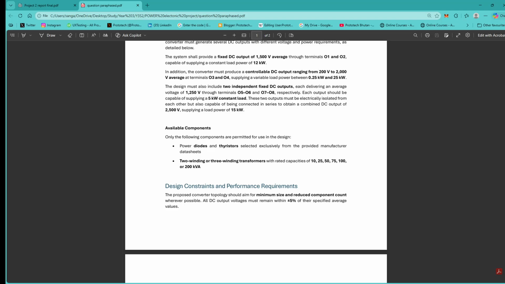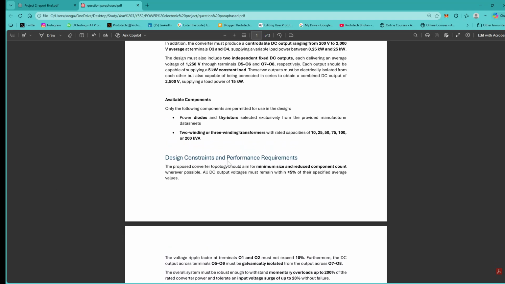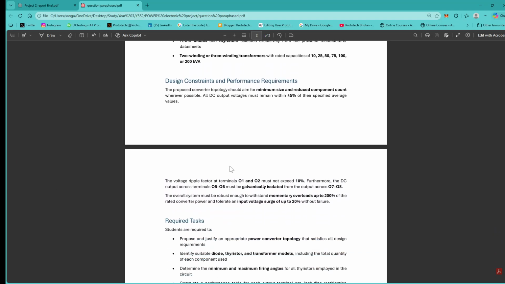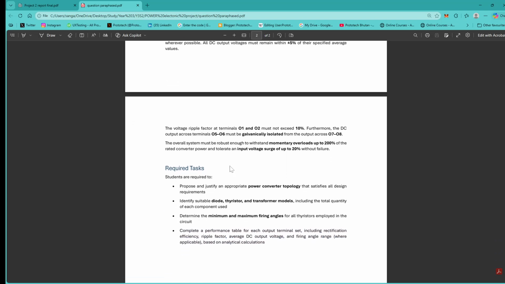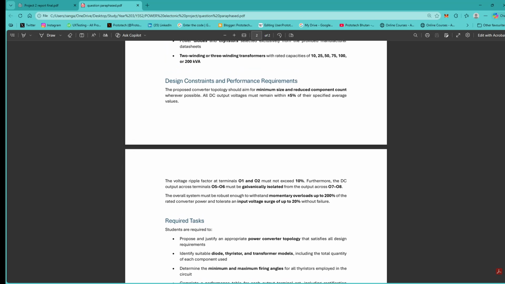Other key performance requirements are: the voltage regulation should be within plus or minus 5%, and low output ripple, below 10%.